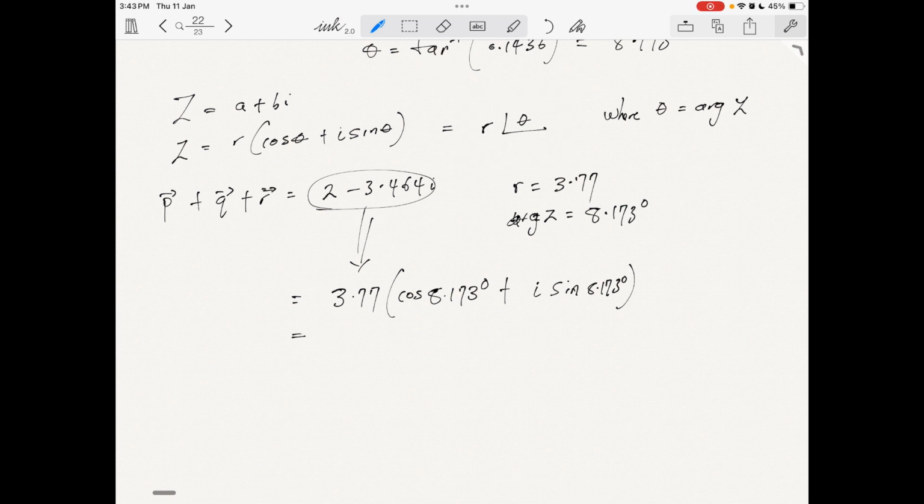So we have our r to be 3.77 and the argument, theta, as 8.173 degrees. So this is our answer.